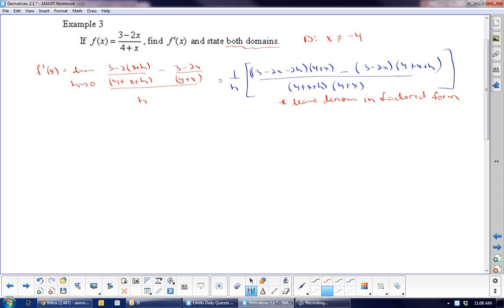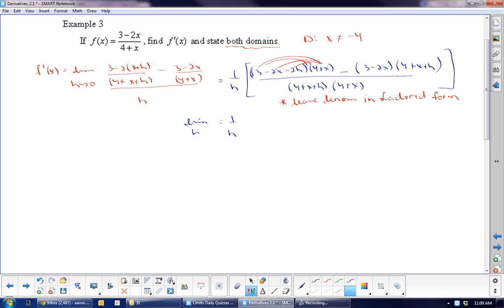The numerator is going to be enough work for you, so you're just going to concentrate on that. Okay, so we got lots of multiplication, right? Because this 3 has to go to both of these, and the negative 2 has to go to both these, and this negative 2h has to go to both these. And then I've got to worry about the other 2. So lots of chances to make mistakes. I have it all worked out in front of me, and I will probably make a mistake.